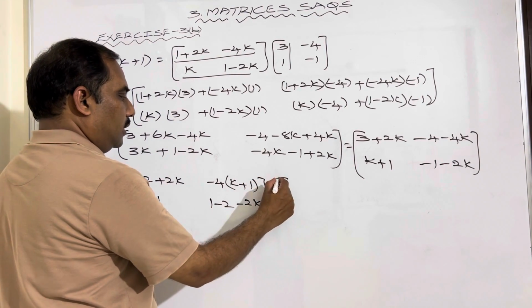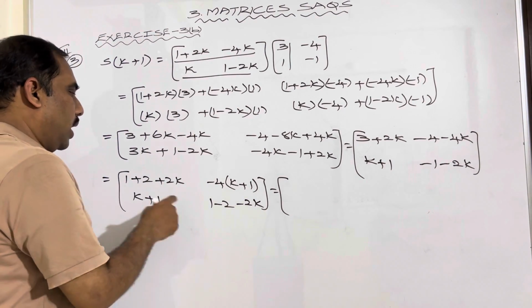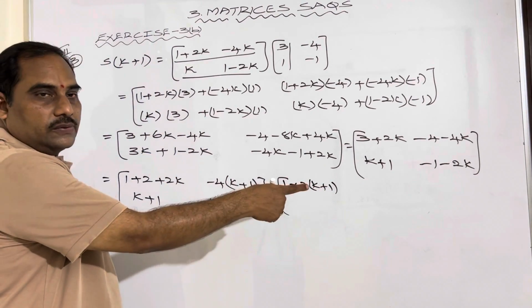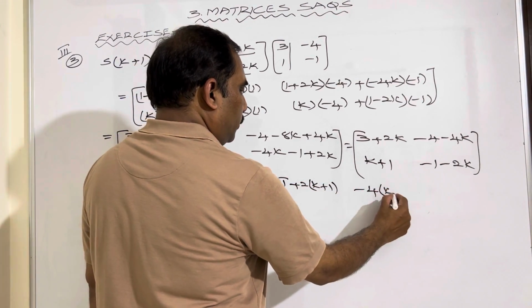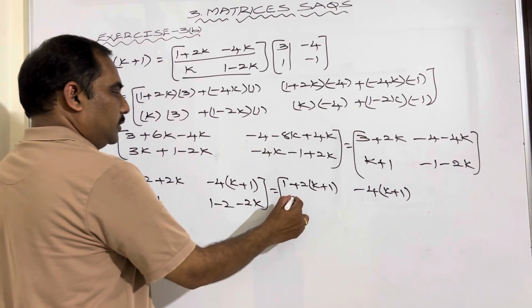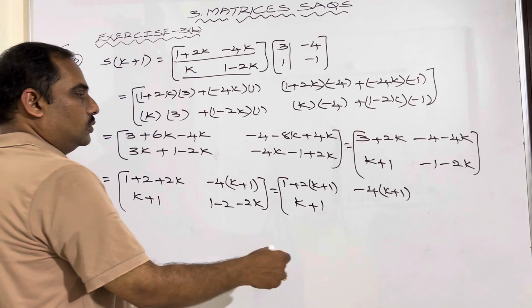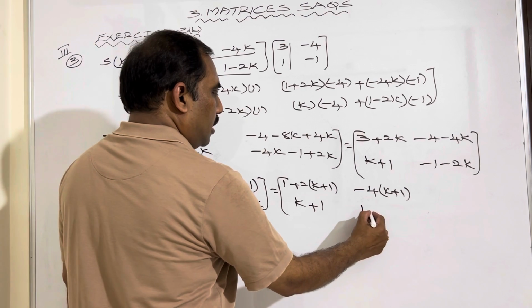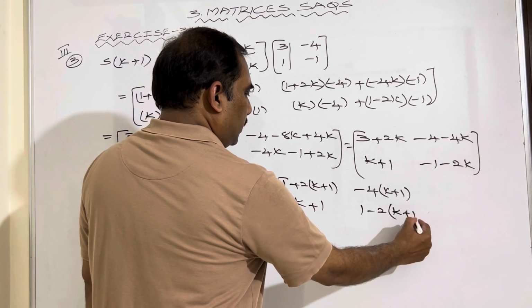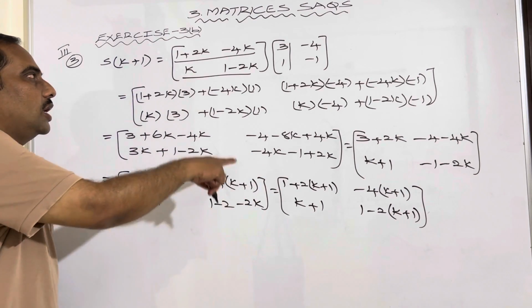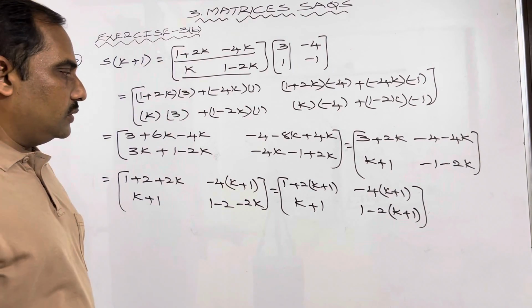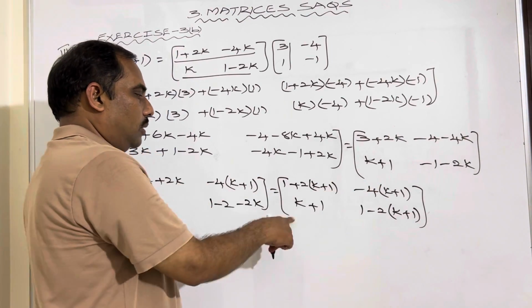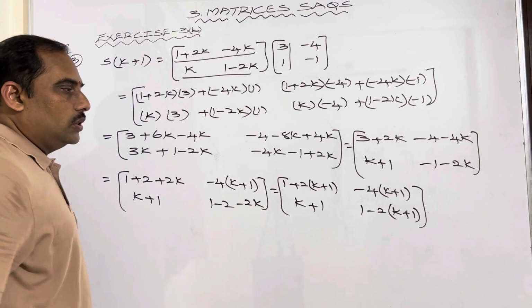So if you take 2 common, 1 plus 2 into k plus 1, and minus 4 into k plus 1, and k plus 1, and taking minus 2 common, 1 minus 2 into k plus 1. Observe that in S of k, wherever k is there we get k plus 1.